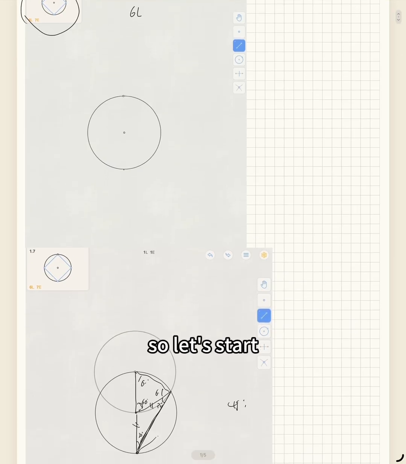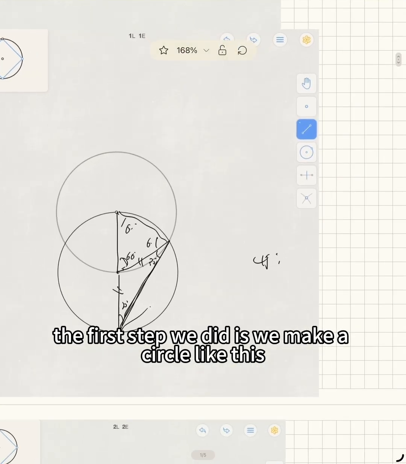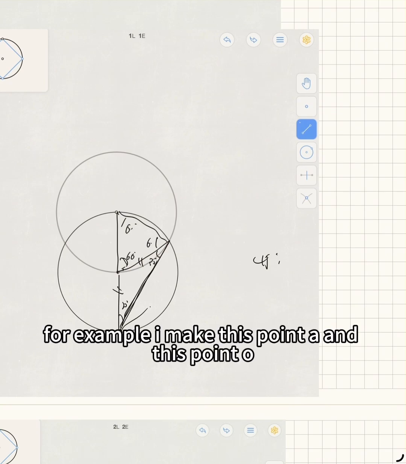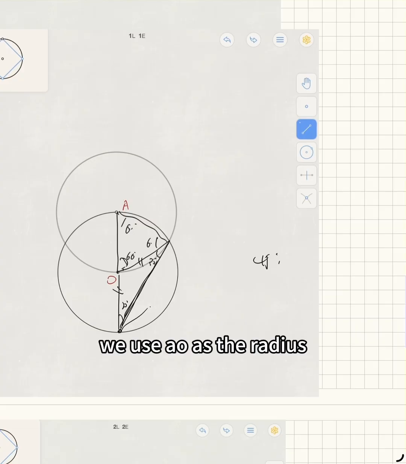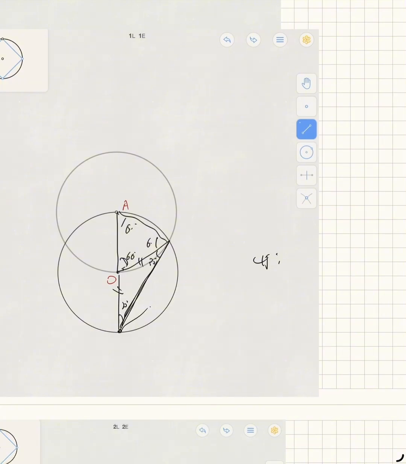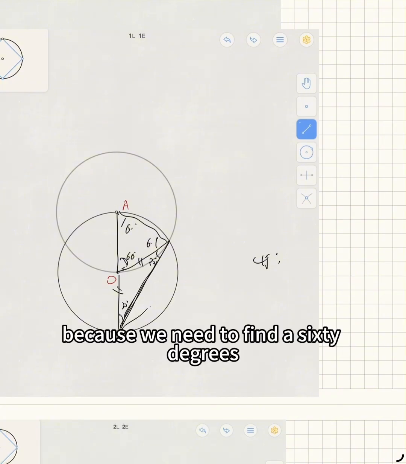So let's start. The first step is we make a circle like this. For example, I make this point A and this point O. We use AO as the radius, and then we use A as the center to make a new circle. Why do we do that? Because we need to find 60 degrees.